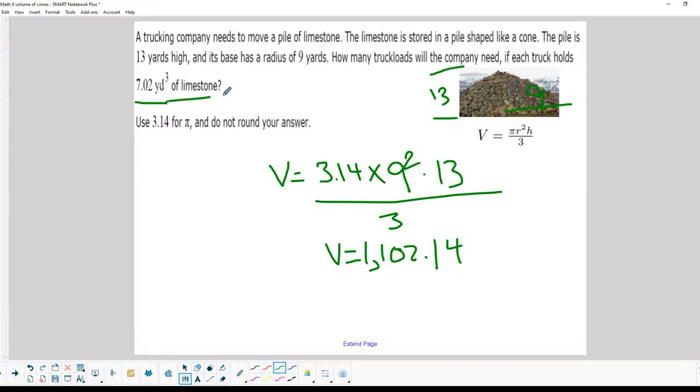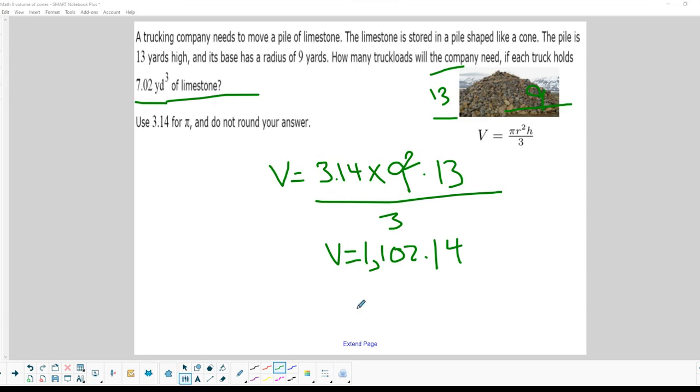Okay, now all we have to do is, how many truckloads will the company need if each truck holds this much limestone? So we're going to divide this total by 7.02. So let's see if we still have that total on our calculator. We do. So now we divide by 7.02.